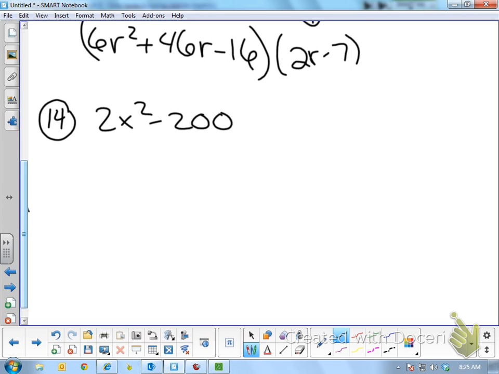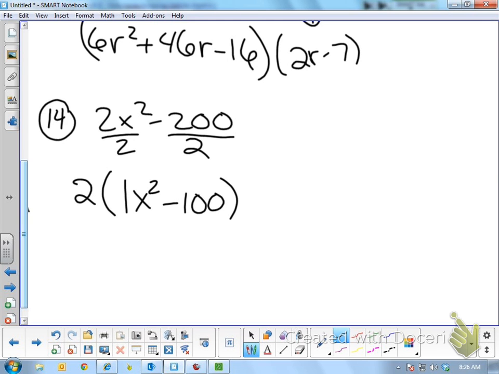GCF. So what divides into both 2x squared and 200, Aaron? 2. So I would divide both of these by 2. We get 2 parentheses. 2x squared divided by 2 is x squared, 200 divided by 2 is negative 100.